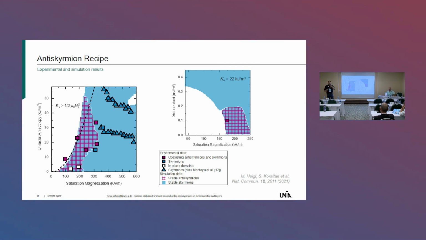Another thing the insertion of the iridium layer did was reduce the saturation magnetization. But our antiskyrmions and skyrmions are dipolar stabilized, so it doesn't involve any asymmetric DMI in this case.